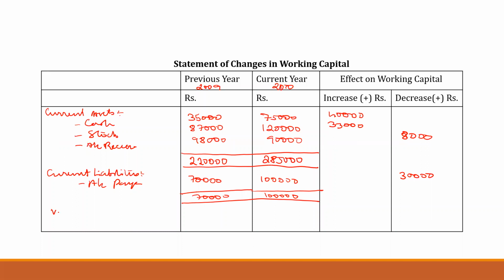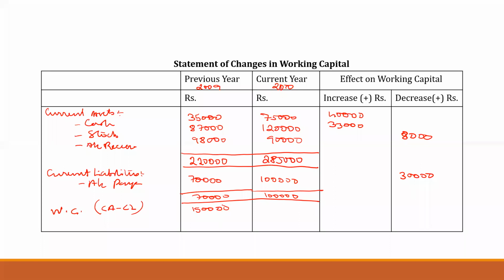So what is the working capital? Current assets minus current liabilities. For 2009, 2,20,000 minus 70,000 is 1,50,000. That is the working capital for 2009.